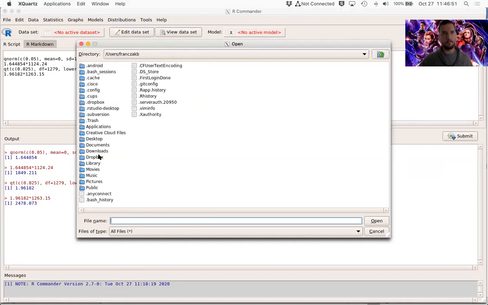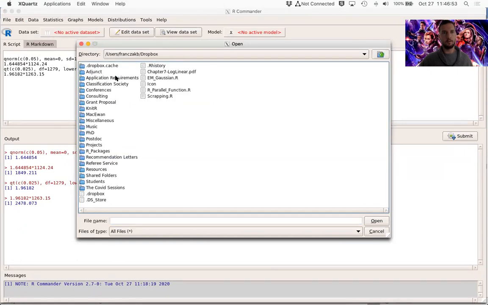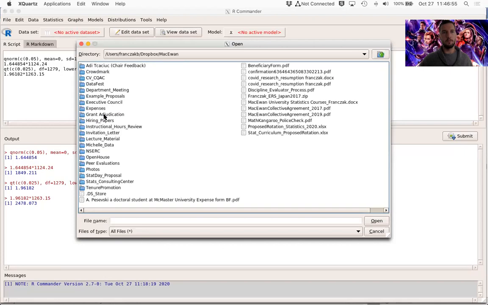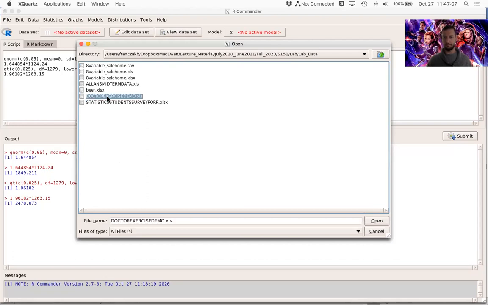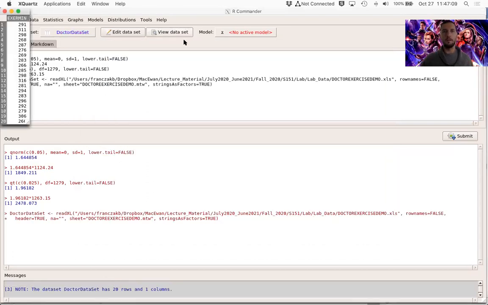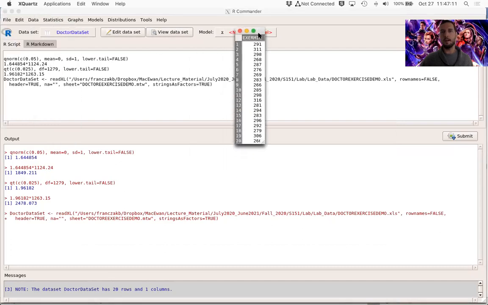So I have Dropbox, document, lecture. All right, if I click view, I can see that I have that information that's given on the slide. And there's only those 20 values.